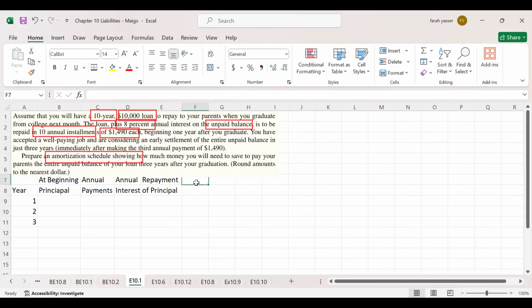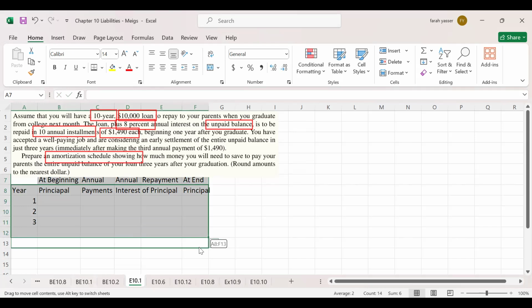Then we have one last column, which is the balance of principal at the end of the period. This is the balance of the principal amount. So these are the columns.